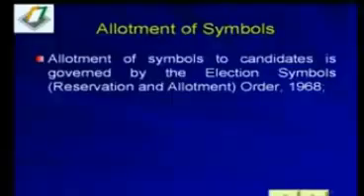Then, to set this whole process in order, in 1968 the Election Commission passed this order. It's a very detailed order. In this order we first provided for the registration of political parties also, that every party that wants to contest election as a political party must get itself registered with the Election Commission.